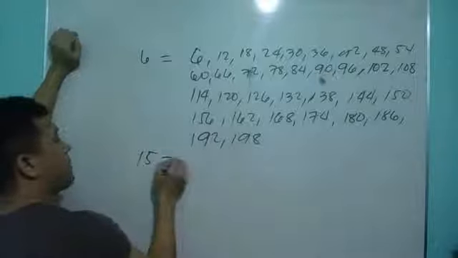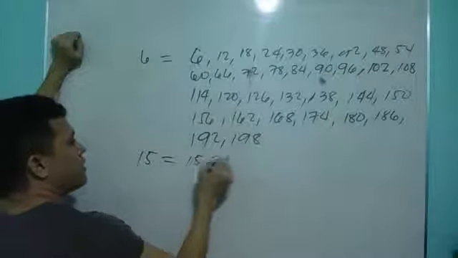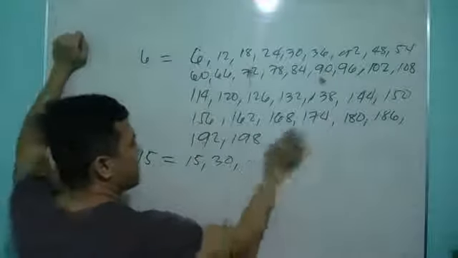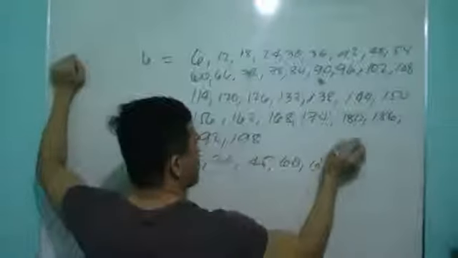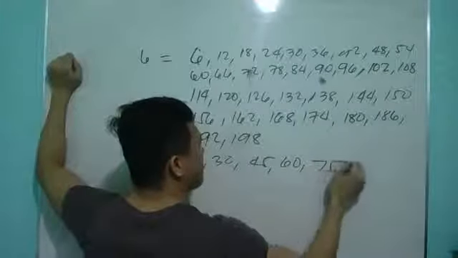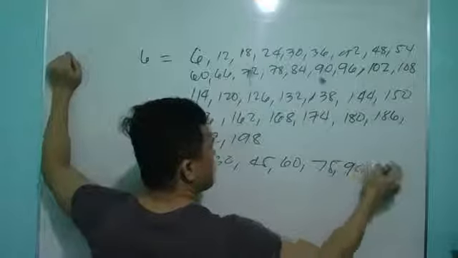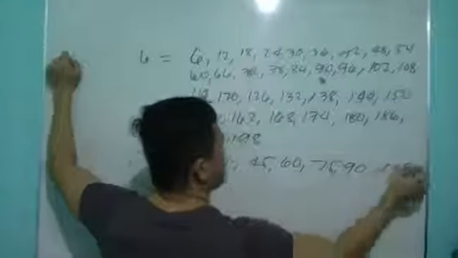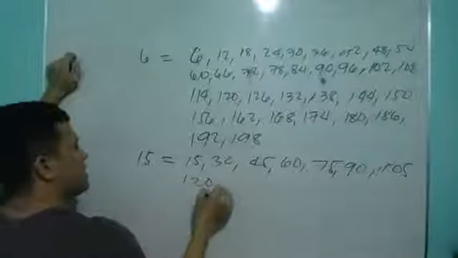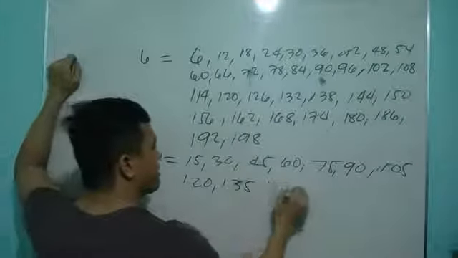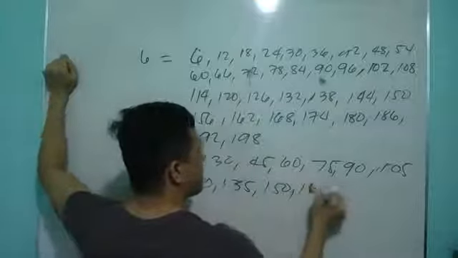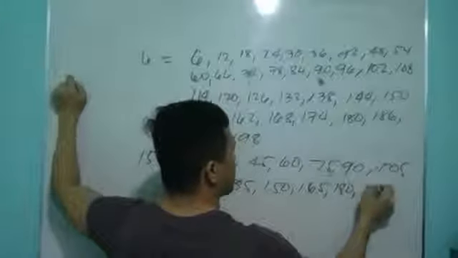How about 15? We have 15, 30, 45, 60, 75, 90, 105, 120, 135, 150, 165, 180, 195.